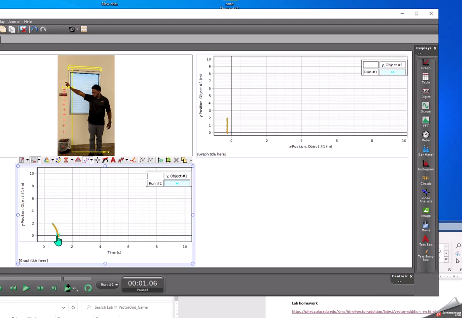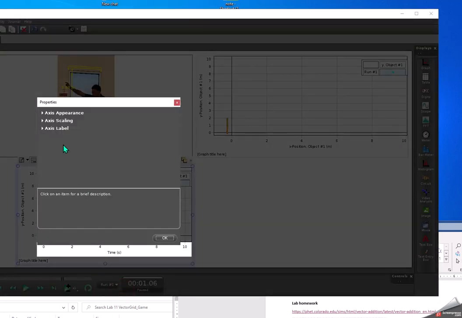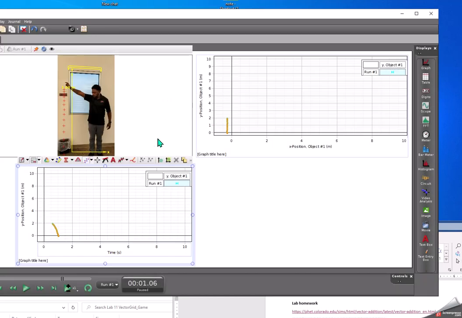You just need to understand this graph. You can change the scale of this by left clicking and changing the properties, but we probably don't need to change the scale. Change the scale so that the graph will cover most of the frame.